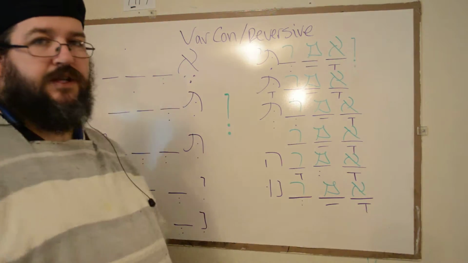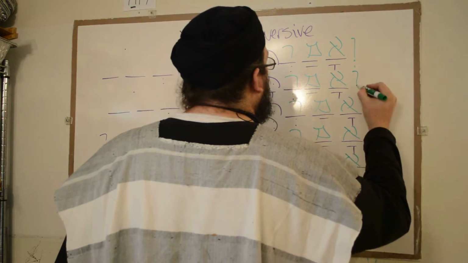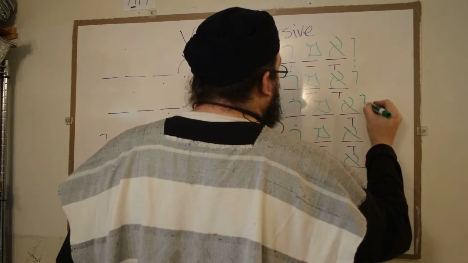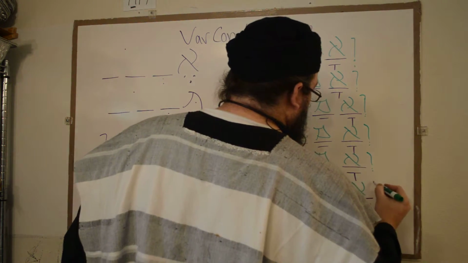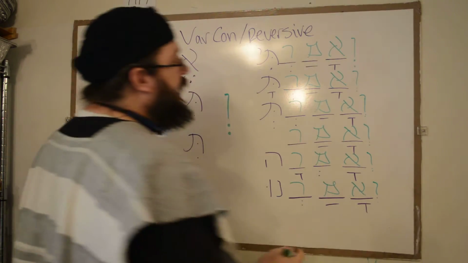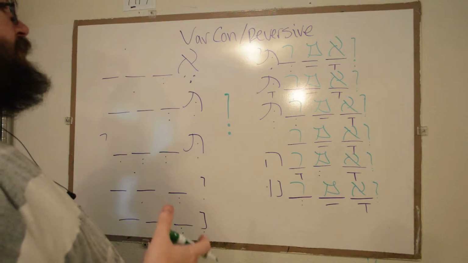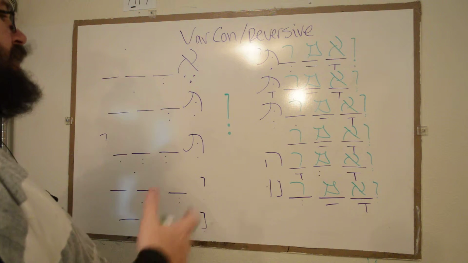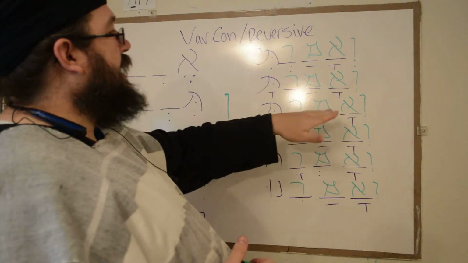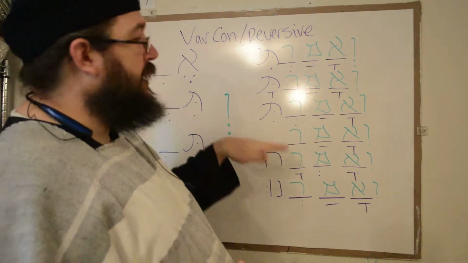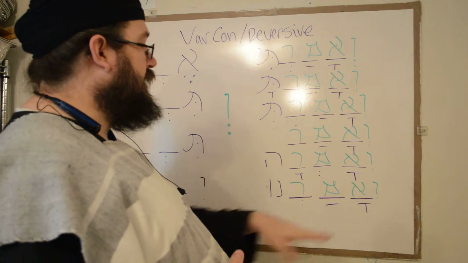We just have to understand and assume this is third person. Okay? If I just add the Vav, I could simply read it as Va'amarti, Va'amarta, Va'amart, Va'amar, Va'amra, Va'amarnu. And I'm only saying, and I said, and you said masculine, and you said feminine, and he said, and she said, and we said.